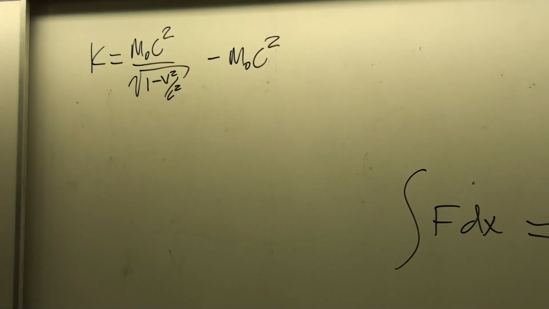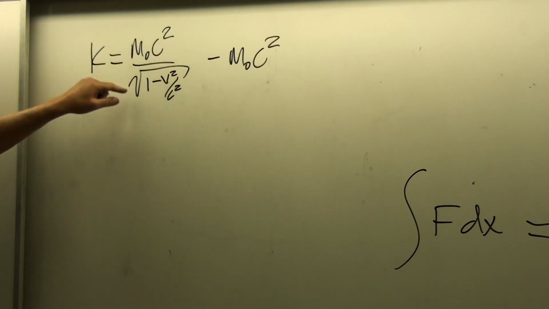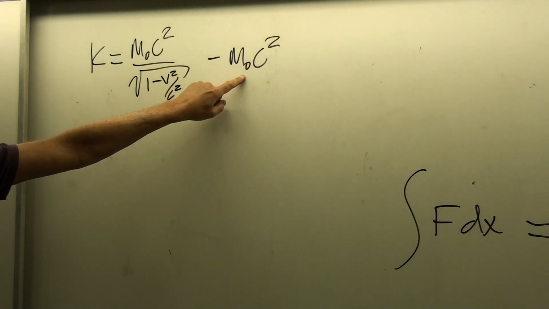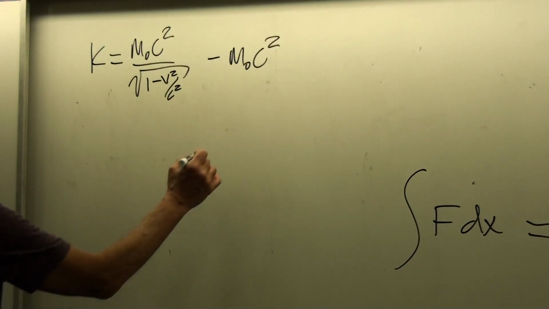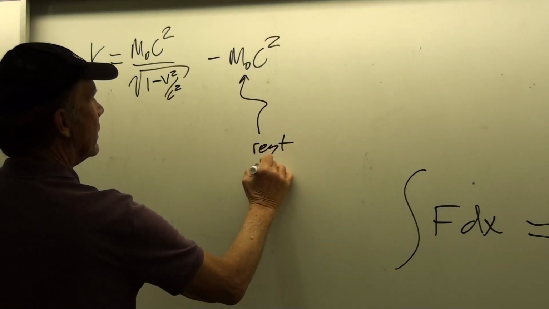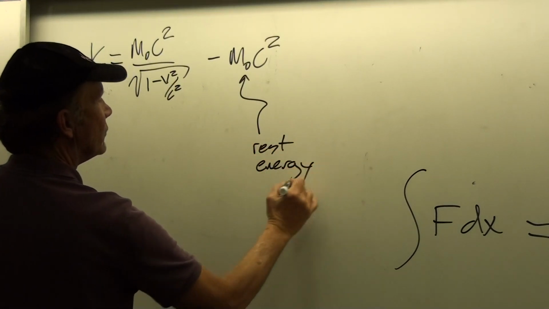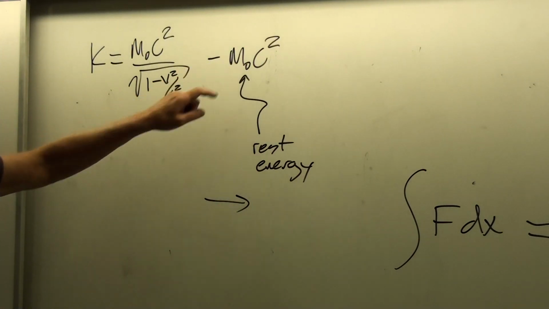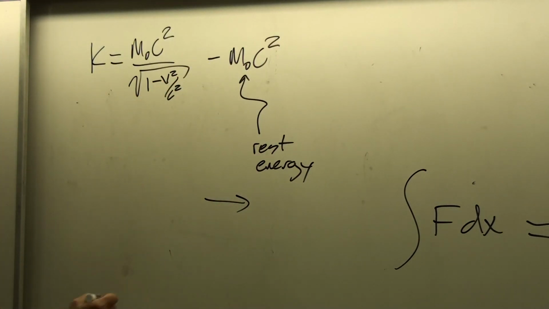What Einstein realized, if this is the kinetic energy, then we've got this term which is velocity dependent and this term which is not velocity dependent. And so he equated this then with the rest energy. What this means then is that this is the energy that a particle would have if v equals 0.